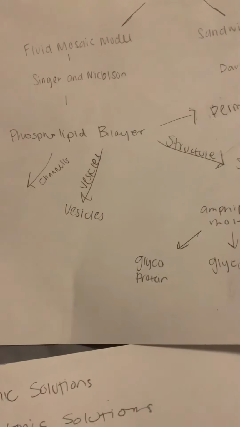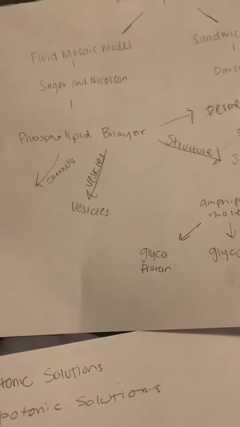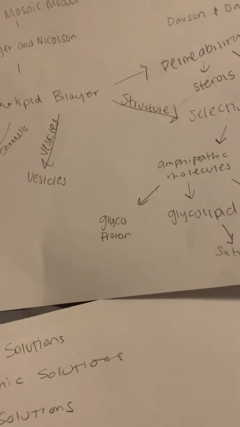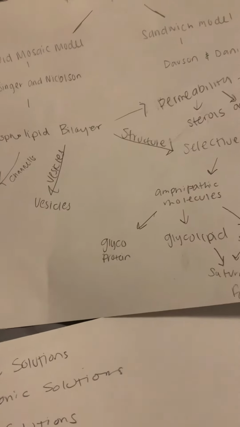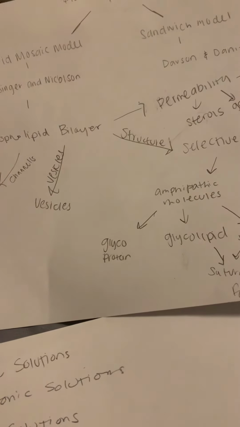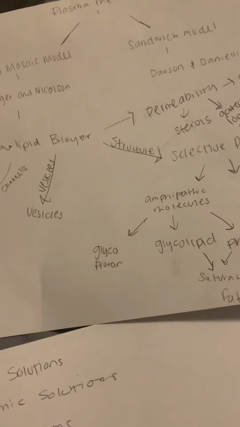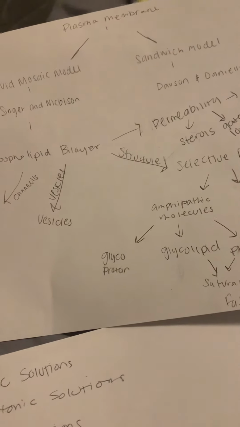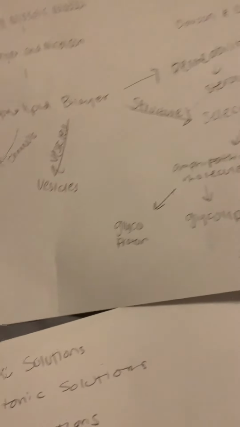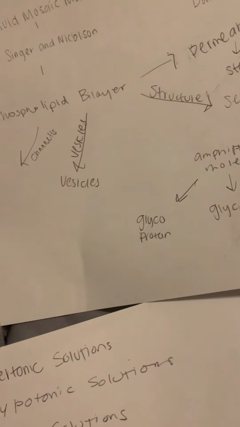Now we're going to look at vesicles. And vesicles allow membranes to move from one part of the cell to another. This is part of the endomembrane system. It has a distinct inside and outside. That will never change. It's always going to be very distinct.